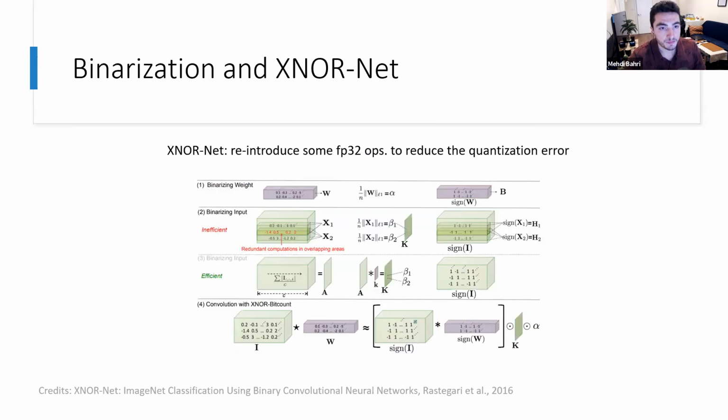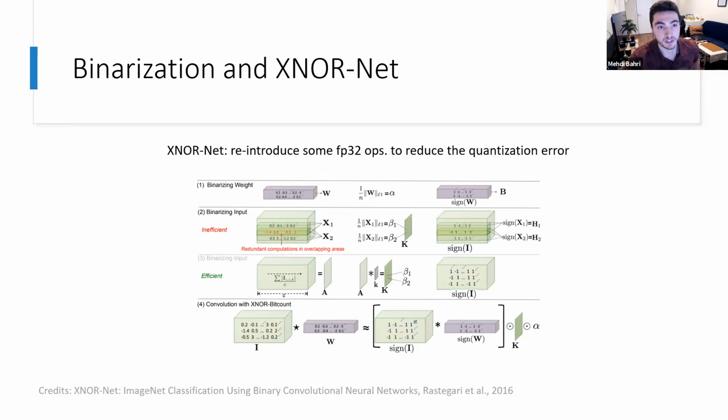The vanilla approach to binarization incurs some pretty substantial decrease in performance, and so research has been done to try to improve this. The first, let's say, seminal work to achieve a substantial improvement is XNOR-Net, which introduces some floating point operations to reduce the quantization error.